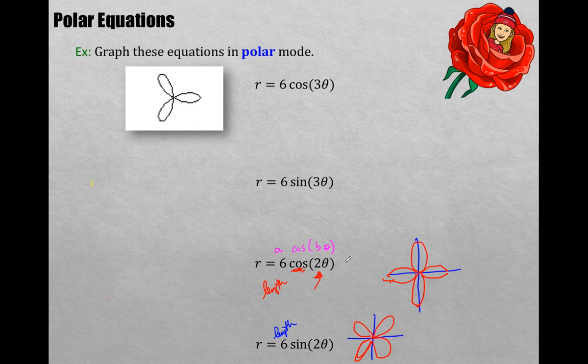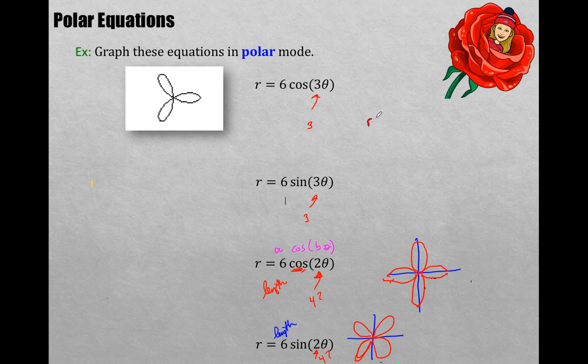So what's our pattern, though, with this? How many petals did I get with each of these? 4 petals. But yet up here, I got 3. What's my pattern? And if you want to just play around, you'll figure out that this will hold.